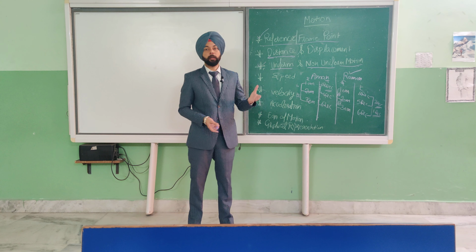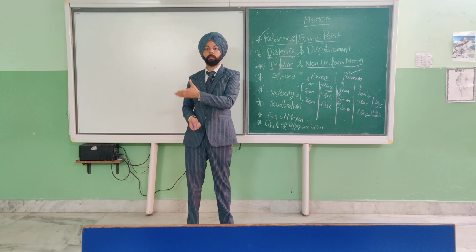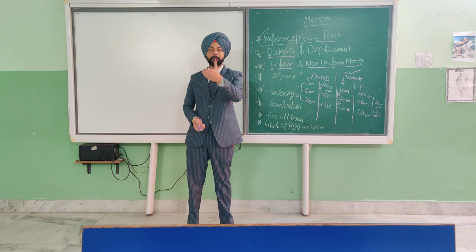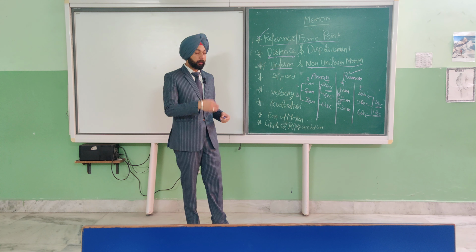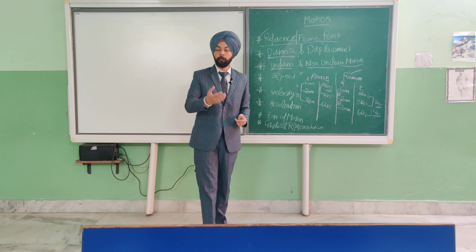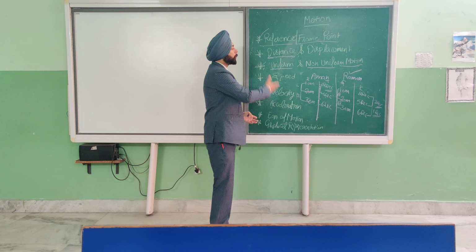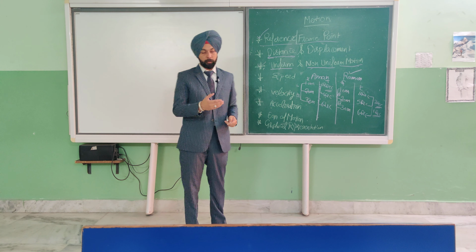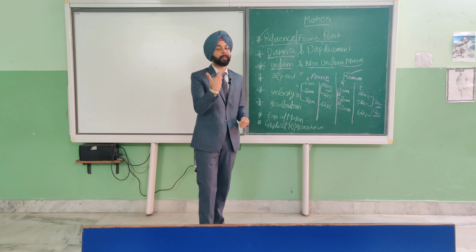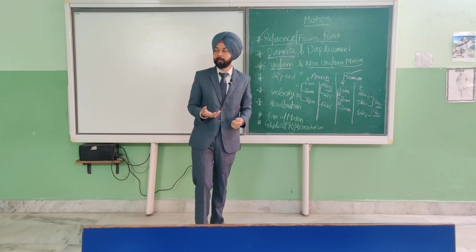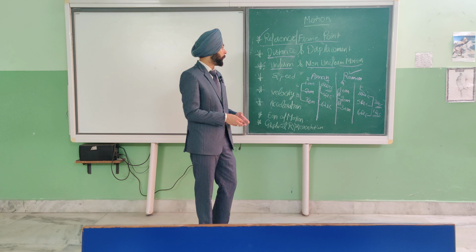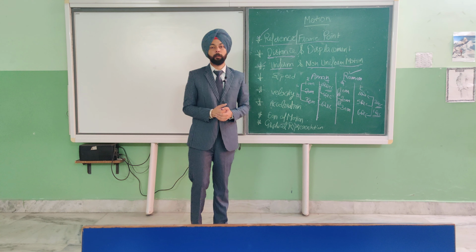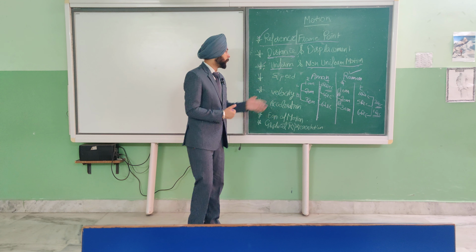If anybody covers equal distance in equal time interval, it is in a uniform motion. If anybody covers unequal distance in equal time interval, or we can say equal distance in unequal time interval, it is called non-uniform motion. I hope you understood.